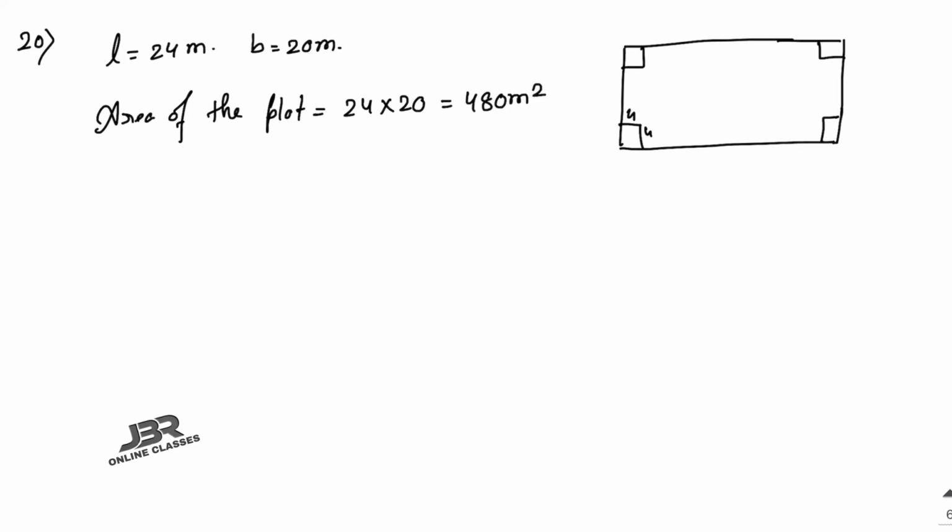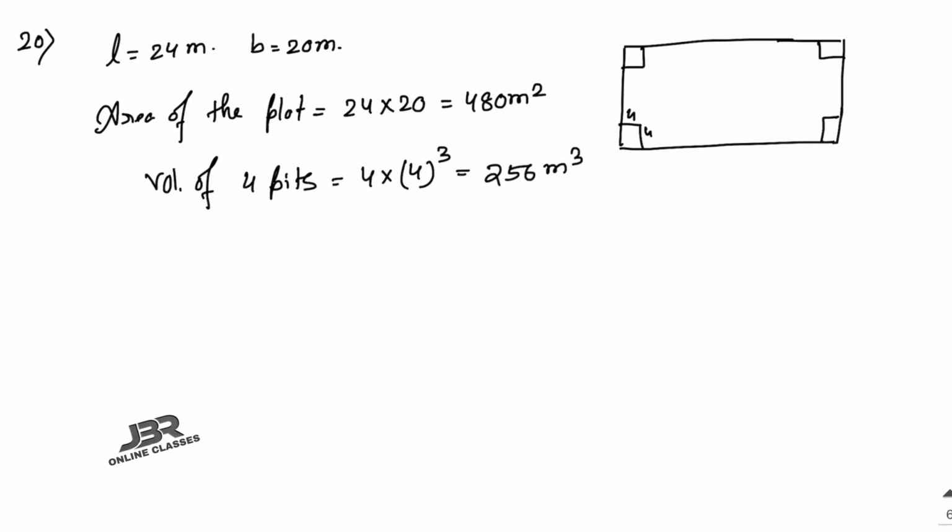480 meter square. Now the side of the cubical pit is 4 meters, so the volume of 4 pits: how many pits are there? Total 4, so 4 into 4 cube, which equals 256 meter cube.